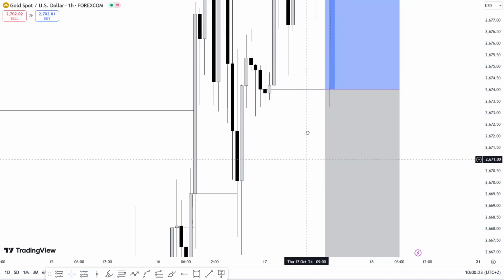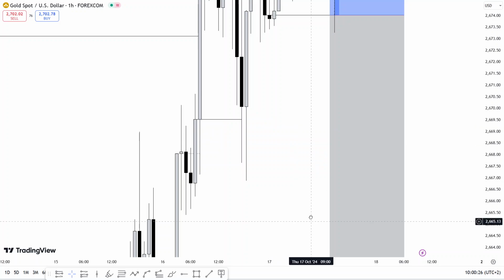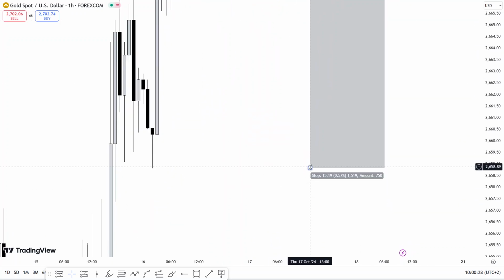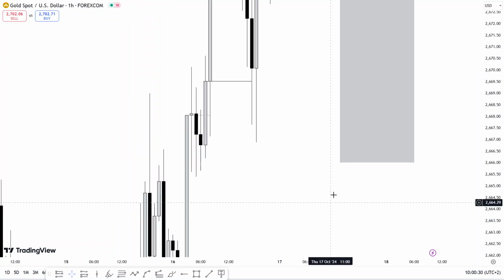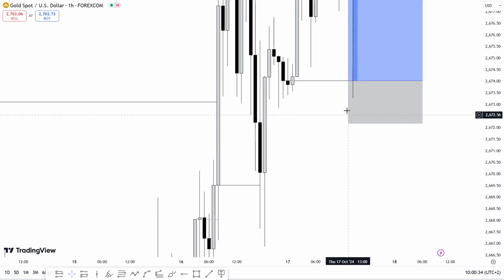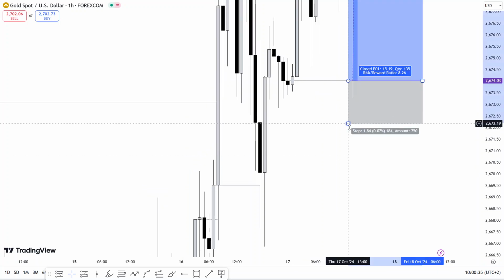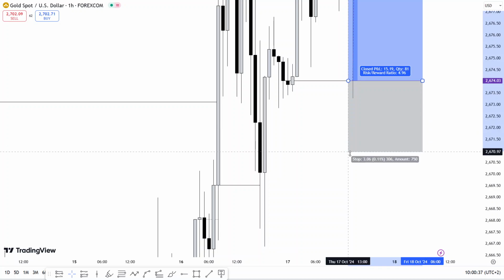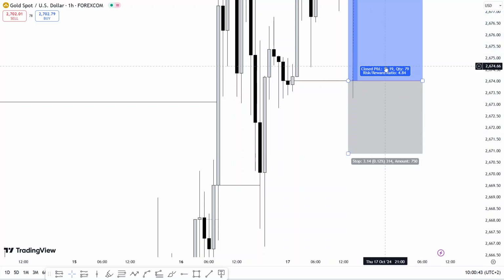Right here, 30 pip stop loss. Unless you wanted to use 150 pip stop loss, then that's up to you, bro. So 30 pip stop loss is going to be somewhere around here. And you can see, based on the stop loss, right?